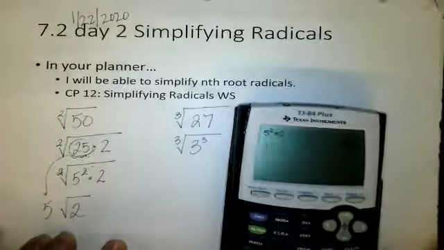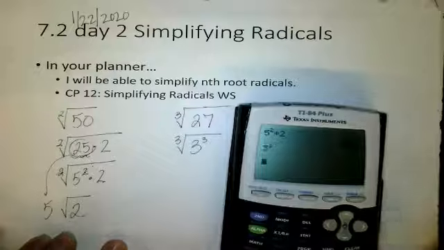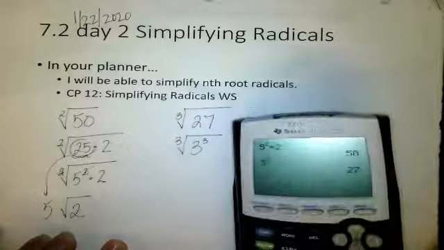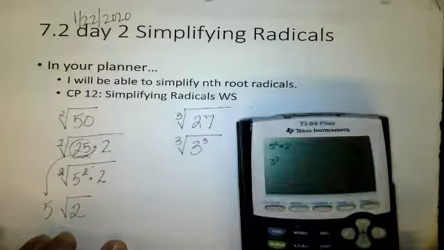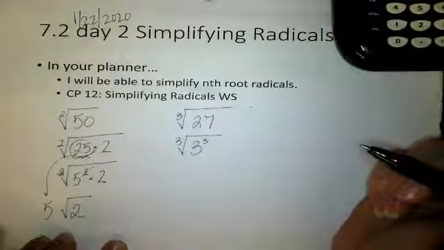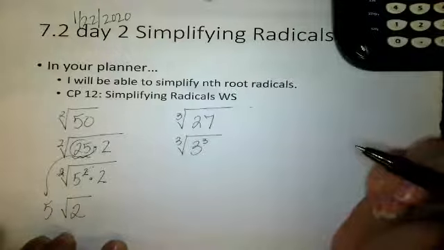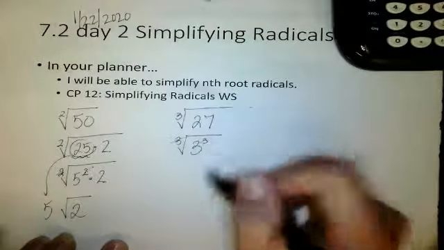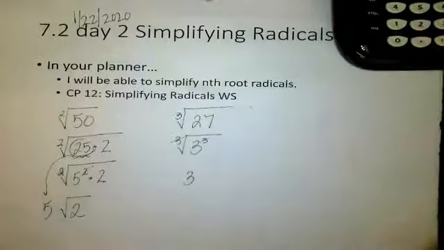Again, you can see 3 to the 3rd power is 27. So what's the cube root of 3 cubed? Just 3. The cube root and the cube cancel out. They undo one another, and we're just left with 3. Okay.